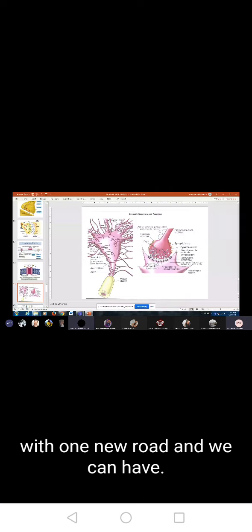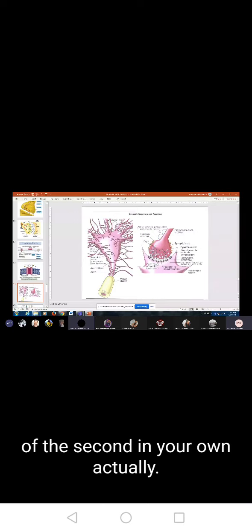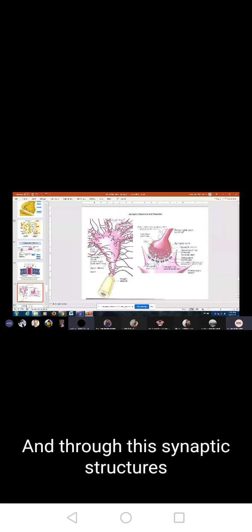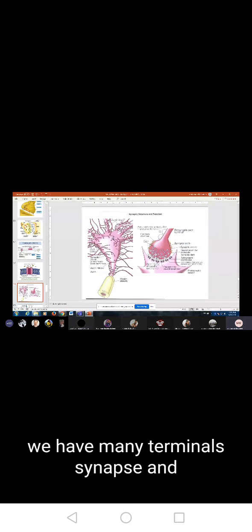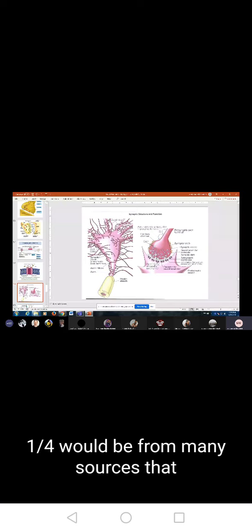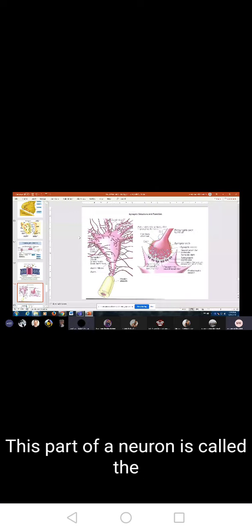So the cell body of the second neuron has a lot of synaptic structures at that level, and through these we have many terminals synapsing with that cell body. Could be from one source, could be from many sources. This part of a neuron is called the axon hillock.